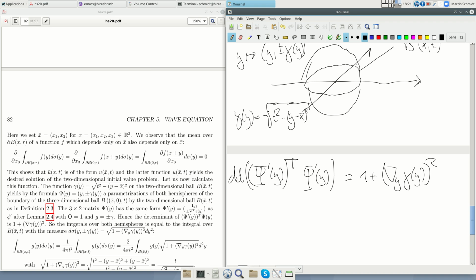Now, what is the gradient of gamma of y? This is easy to calculate.